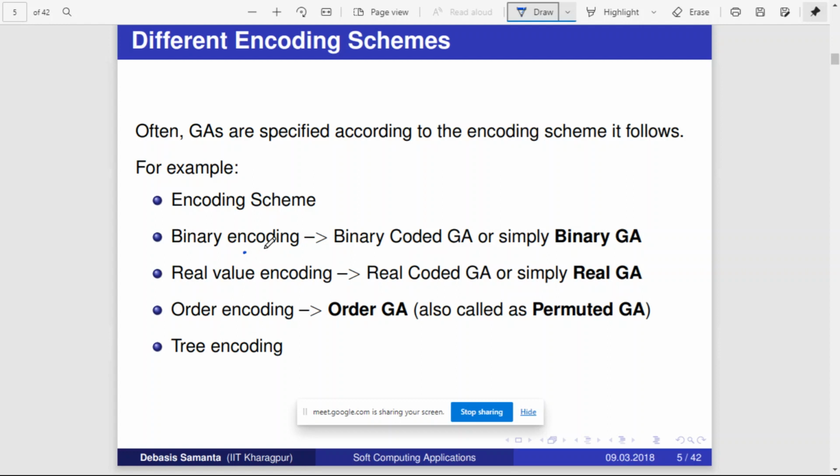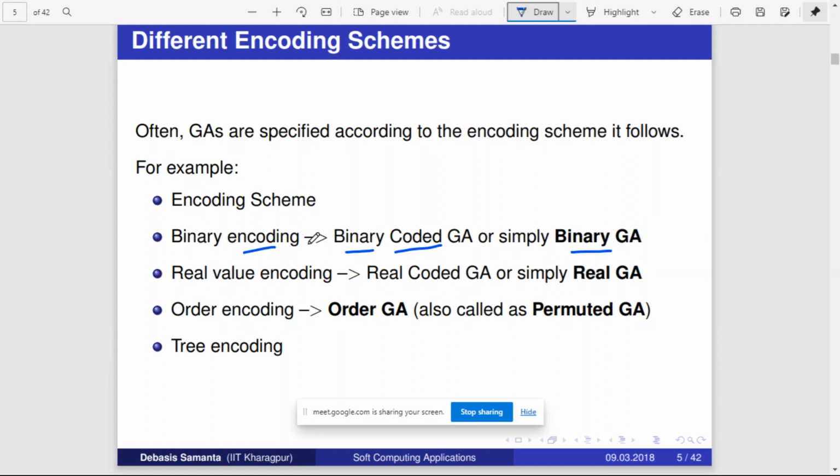Binary encoding is otherwise called binary coded GA or simply binary GA. These are just other names. That is, if the initial population is created by using binary encoding, then that genetic algorithm can also be called binary coded GA or simply binary GA.